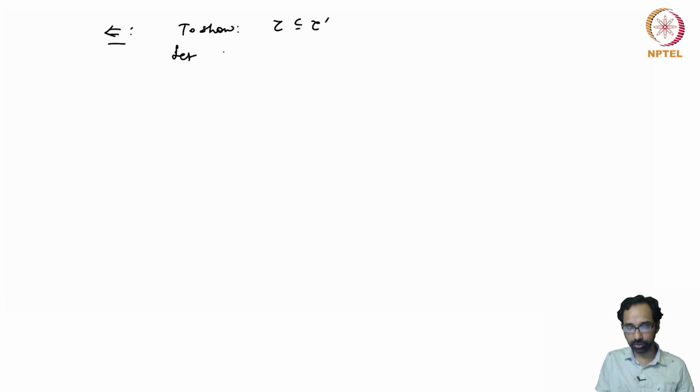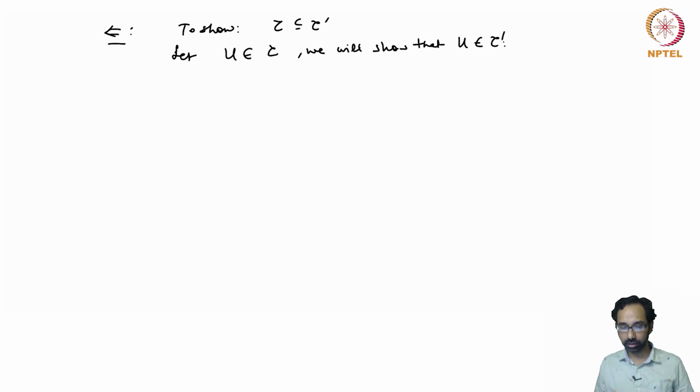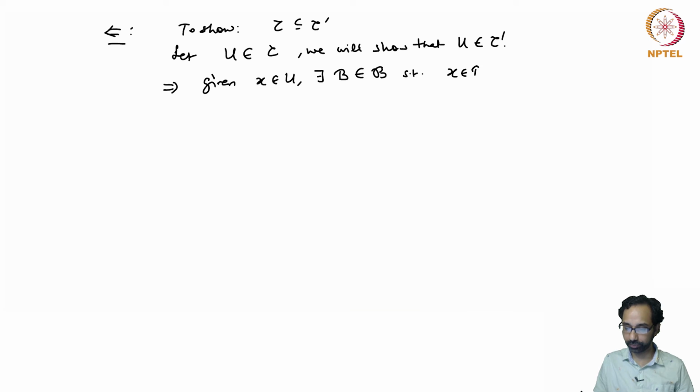So let us take an open set U in tau, and we will show that this open set U also belongs to tau prime. So since U is an open set, given x in U, there exists a basis element B in B such that x belongs to B and B is contained in U. This was our definition of tau from the basis.